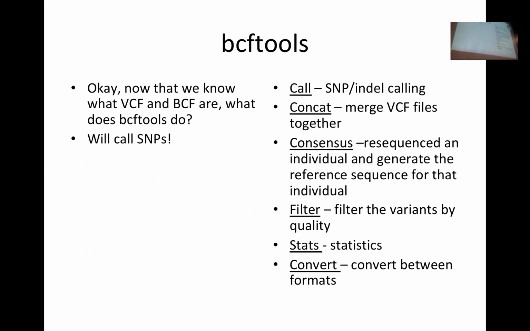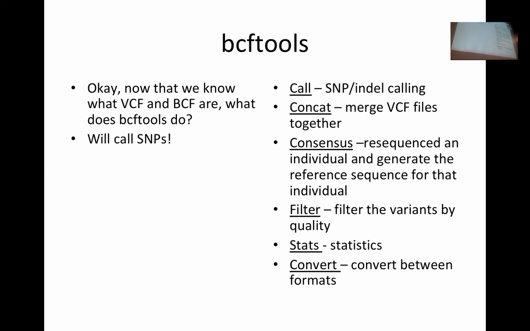BCF tools is the software that we use to work with VCF files. It actually does SNP and indel calling. It can merge VCF files. The other cool thing it does that I think is really nifty is if you have a reference sequence and you have a list of variants and you want to generate the reference sequence for your individual, it'll go in and swap out all the variants.